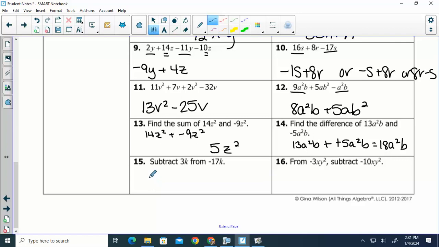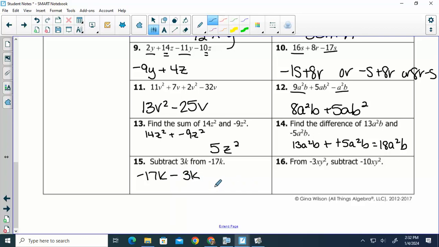Right, 15. Subtract 3k from negative 17k. How would I write that? Which one would I put first? I have to start with negative 17k because I want to subtract 3k from that. So minus 3k.